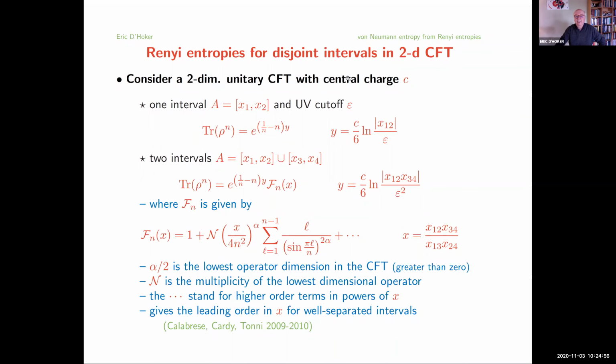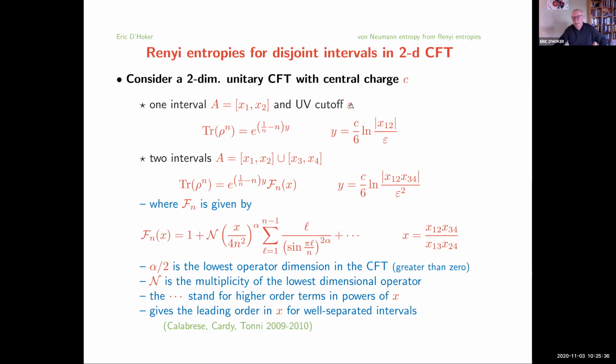In fact, they did this a little bit more generally and considered a CFT with central charge C, so a little bit more general than a free boson. In the case of a single interval between x1 and x2, the expression for trace of rho to the n is simply the exponential of (1/n minus n) times y, where this variable y is the central charge over 6 times the log of the length of the interval, and then you need a cutoff.